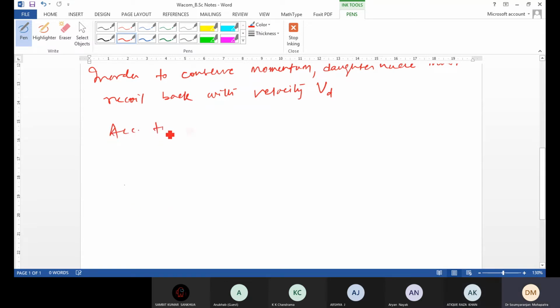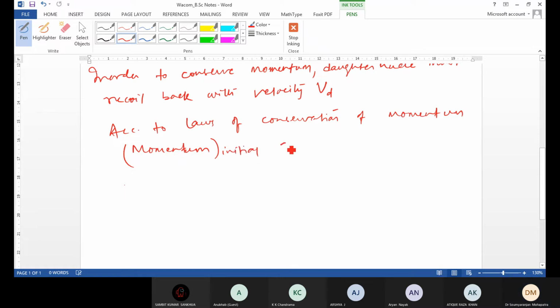Yes. According to the law of conservation of momentum, I can write that the initial momentum should be equal to the final momentum.